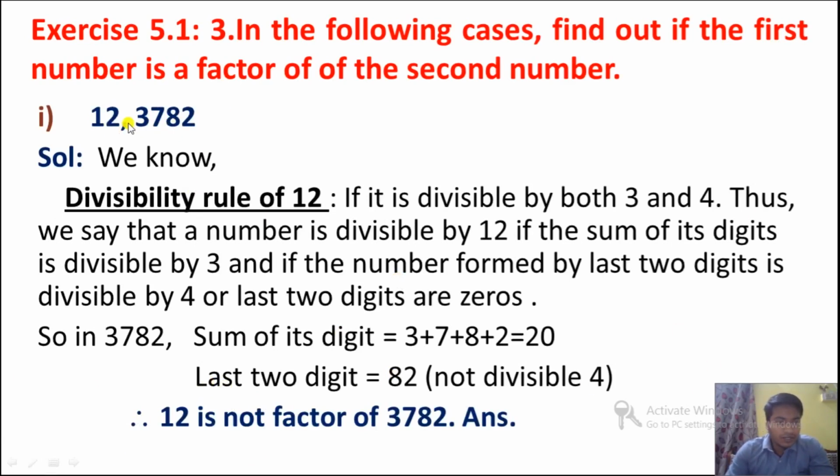Then we have here the second number 3782 and the first number 12. You know very well the divisibility rule of 12: if it is divisible by both 3 and 4. Thus we say that a number is divisible by 12 if the sum of its digits is divisible by 3 and if the number formed by the last two digits is divisible by 4 or the last two digits are 0.